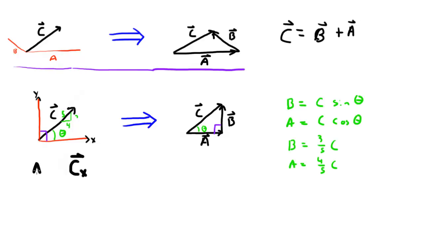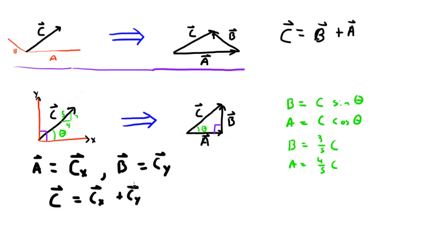So we'll rename A as Cx, and B as, not surprisingly, Cy. Now we can say that C is equivalent to Cx plus Cy. We might call these the component vectors, Cx and Cy, of the total vector C.